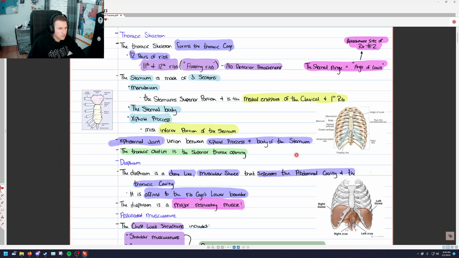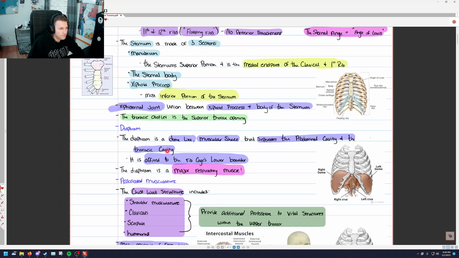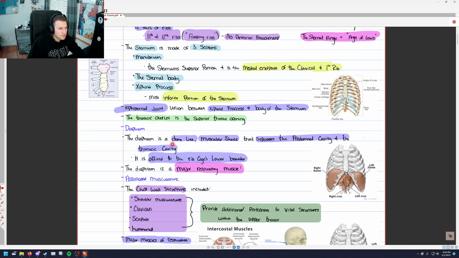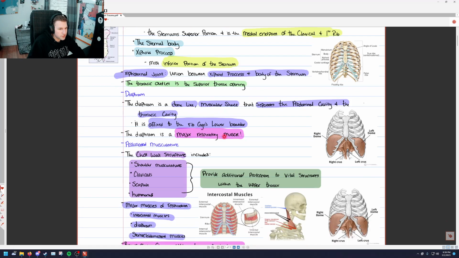So just some important things to note. Diaphragm is going to be our dome-shaped muscular sheet that is going to be helping in aiding respirations. So as you inhale, the diaphragm will drive downward, creating a negative pressure. And as it goes upward, it'll create positive pressure increase and push all that air out.